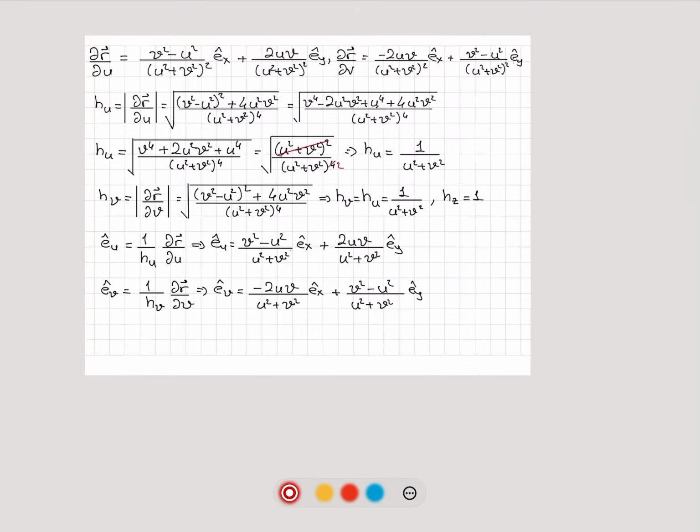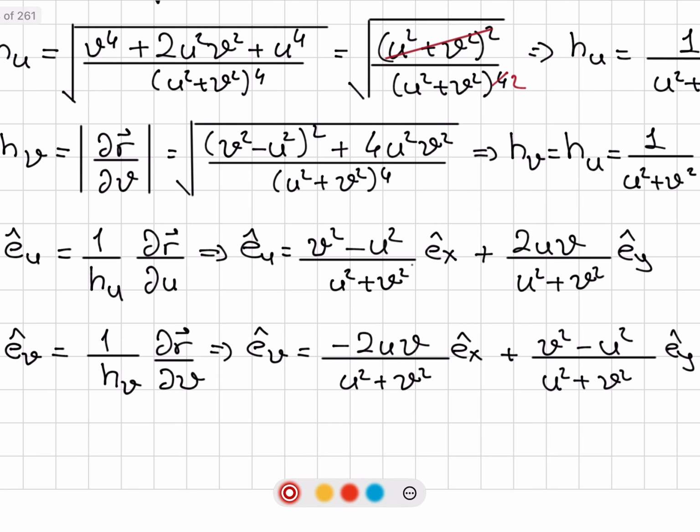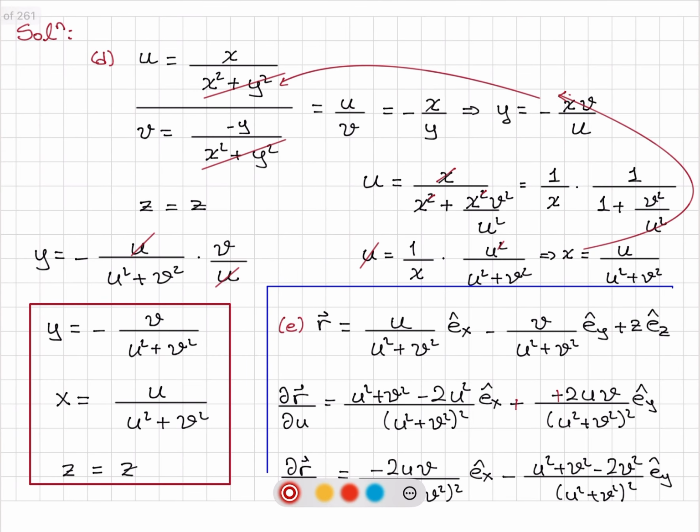So now I have my unit vectors. What else do I need? I need the components of the position vector in EU hat and EV hat direction. So what is the dot product R dot EU hat? So here is the position vector R. So I have to multiply the x components.